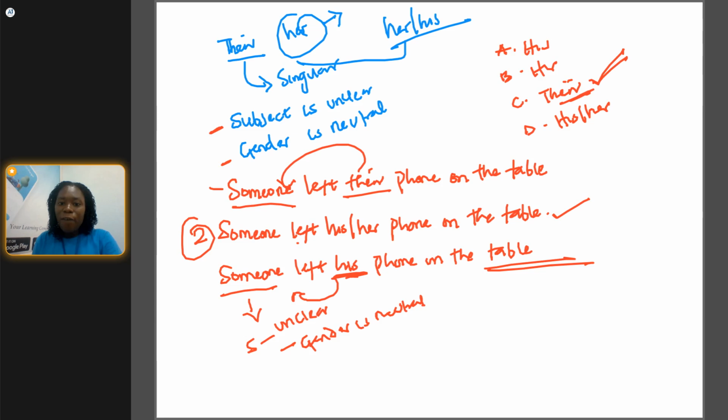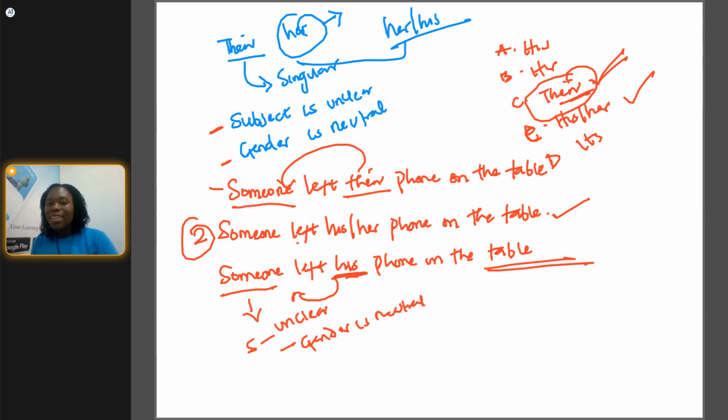But if you do not have this option there, maybe option D here, we have C, and maybe option D, you have it, you can go for this. All right. So if you have option A as his, option B as her, option C as his or her, option D as it, it's better you go for this.